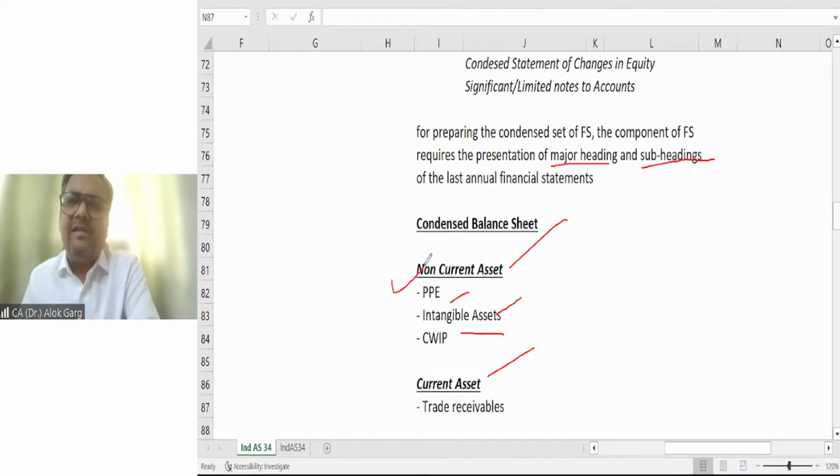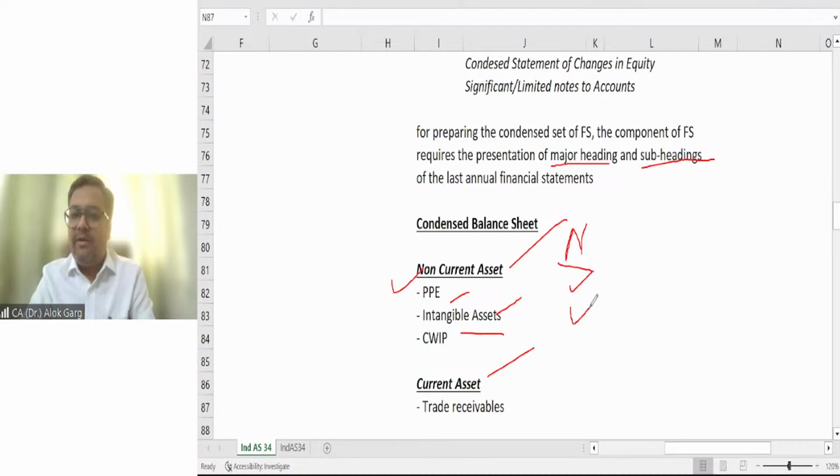Sir, then why are we calling it a condensed balance sheet? Friends, when you prepare the annual balance sheet, there are notes also, and for every line item you are just giving a note number, and in the notes to accounts, in the schedules, there is a detailed breakup, there are details about those line items on the face of the balance sheet. Yes. So friends, this detailed breakup is not required to be presented in the interim condensed financial statement.